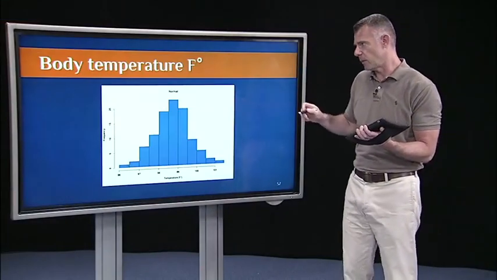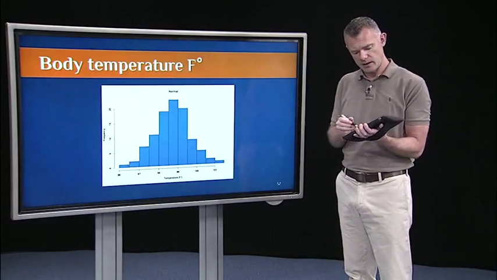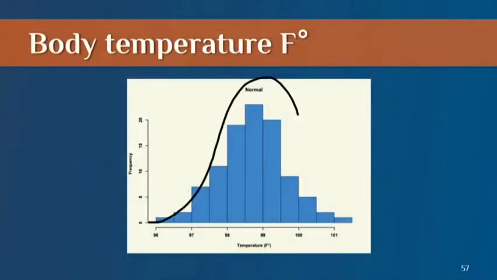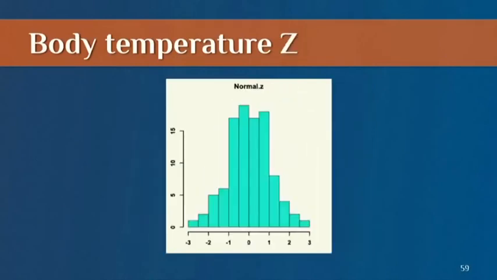So again, let's look at this body temperature distribution. Here it is again in degrees Fahrenheit. It's this nice normal distribution. Here it is again in Celsius. Again, a nice normal distribution. Here it is in terms of z-scores. Again, we did this in R, and R did the breaks a little bit differently for this graph, but it's still a nice normal distribution.